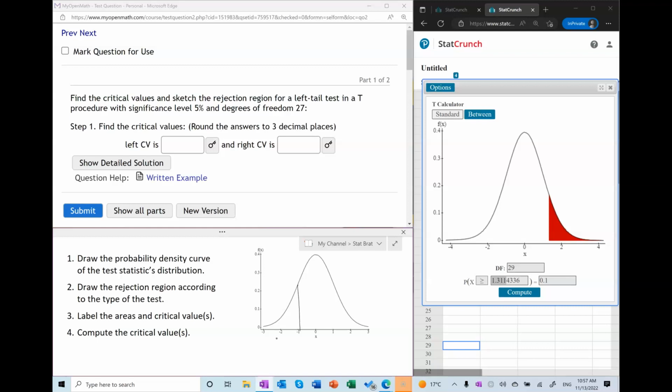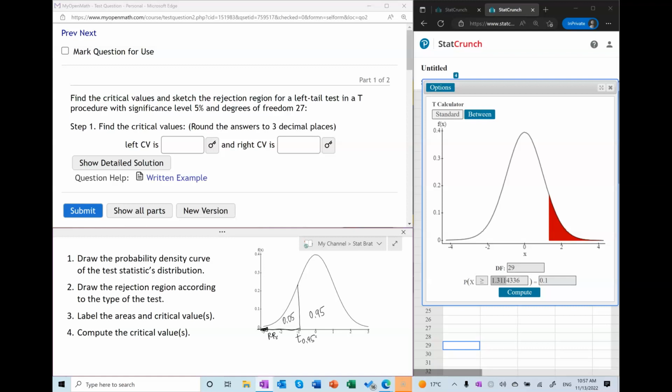The rejection region will be to the left of the critical value. So this is where my rejection region is, and we're going to label the areas using the fact that the area of the rejection region is alpha. So this area is 5%. This area is 95%. Using the alpha notation, I can label this critical value as t sub 0.95.